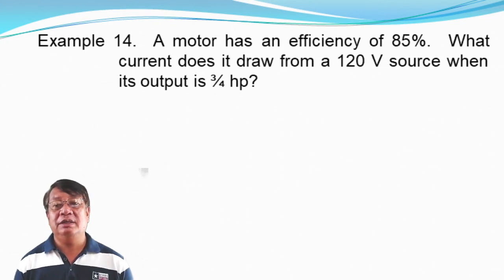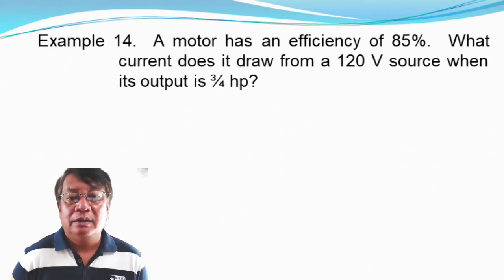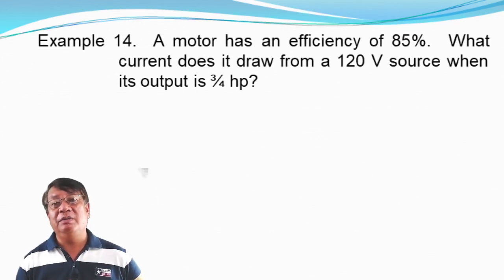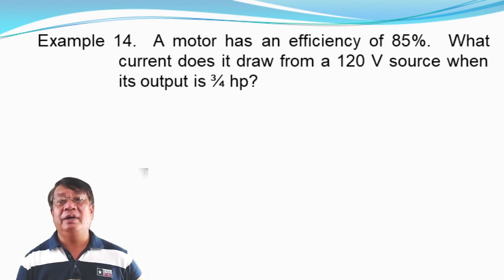We have another example, number 14. A motor has an efficiency of 85%. What current does it draw from a 120 volt source when its output is 3/4 horsepower? So let us analyze the electric motor.